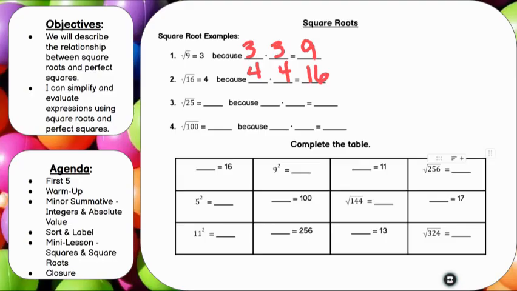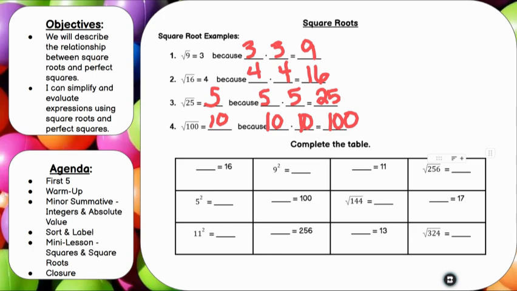So what number times itself would give us 25? Hopefully you thought of 5, because 5 times 5 is 25. All right. 100, the square root of 100. What number times itself would give us 100? Well, that's 10. So 10 times 10 would give us 100. So that means the square root of 100 is 10.